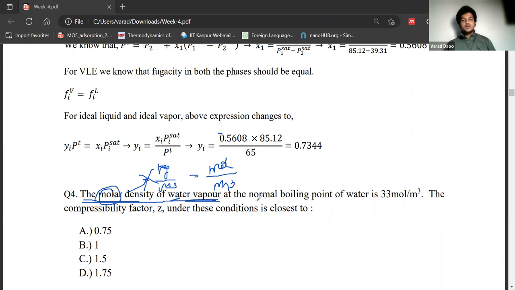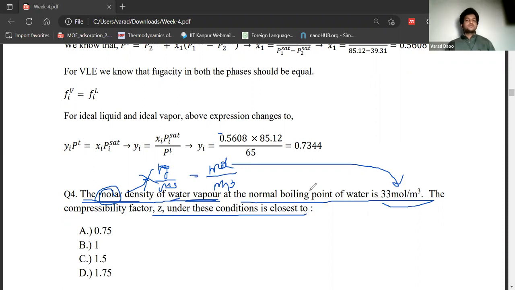It's a gas phase, at the normal boiling point of water. So the unit is mole per meter cube. The compressibility factor Z under this condition is closest to what? The hint which I am giving is, remember what is the normal boiling point of water.